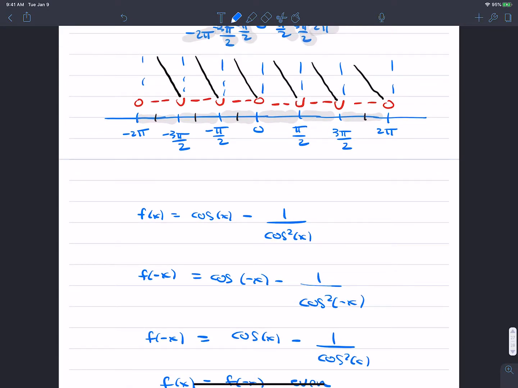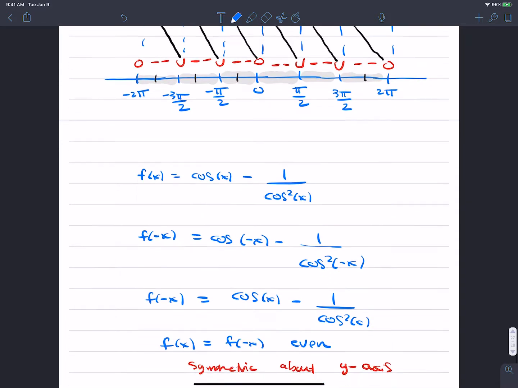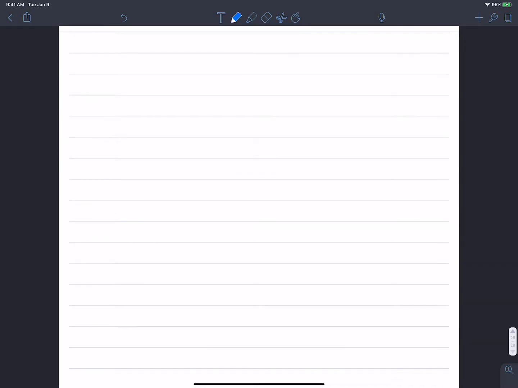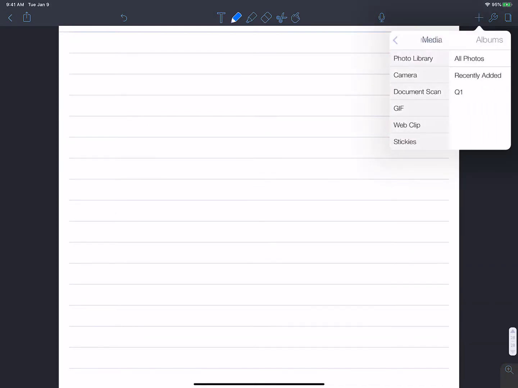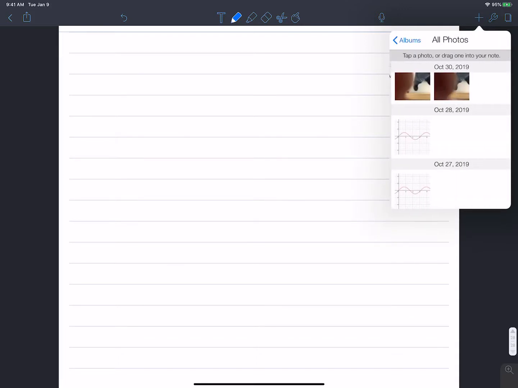And then I'm going to remark here that you can already sketch this curve. Let's actually do that. Let's get this curve in. If I can find that photo, we can do that.